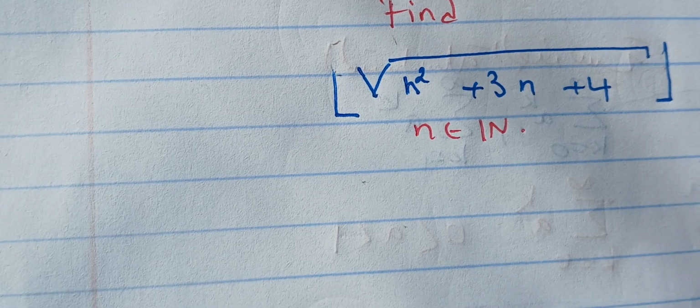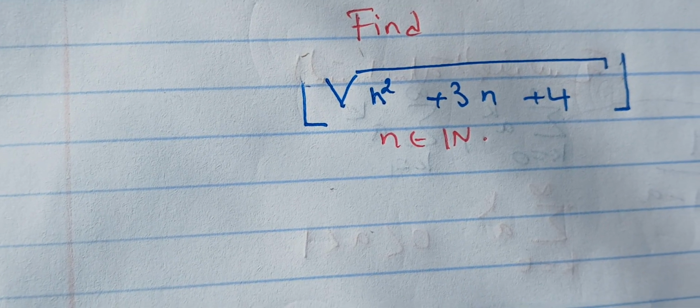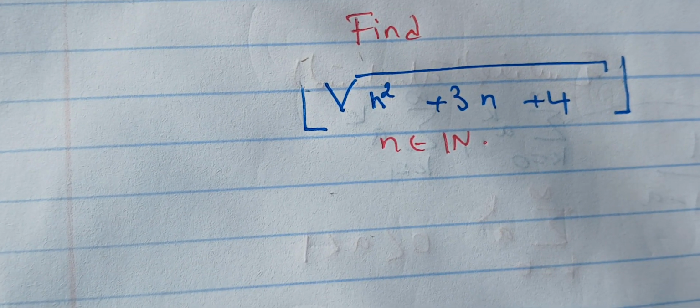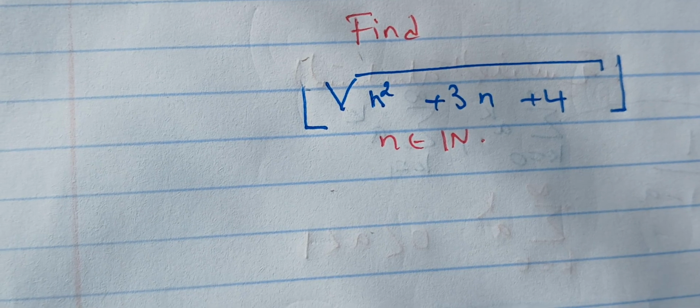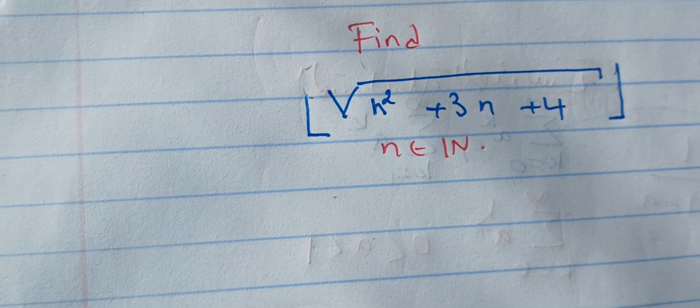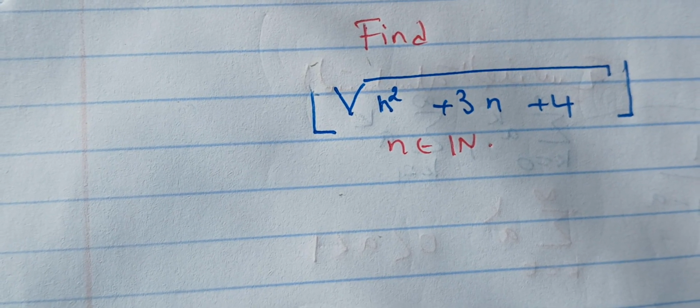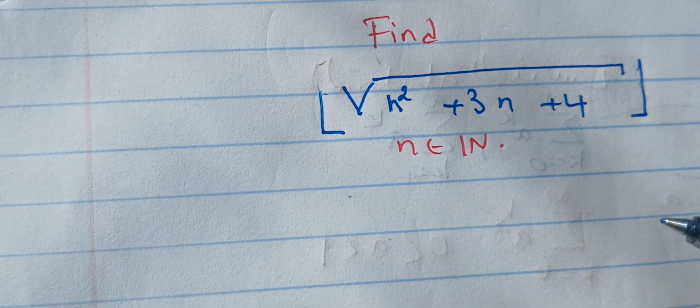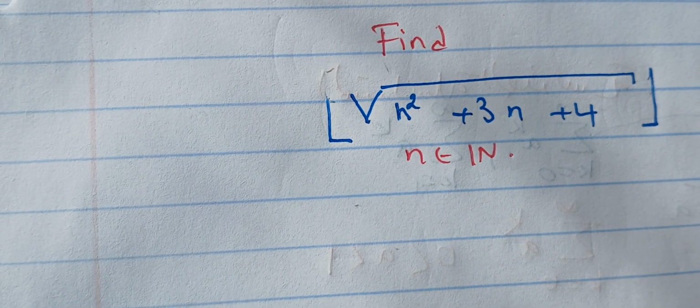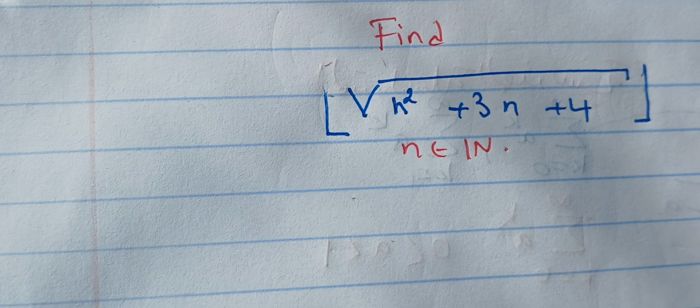Remember that the floor function gives us the greatest integer that's less than or equal to our value of the function that we are looking for.